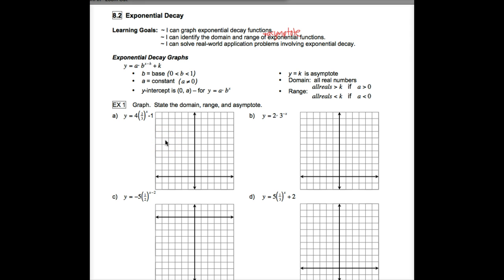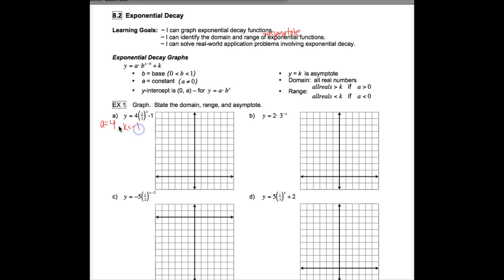So let's look at one of these to begin. We've got 4 times 2/3 to the x and then minus 1. So of our various values here, my a value is 4, which means that I would start my graph at (0, 4), except that my k value is -1.